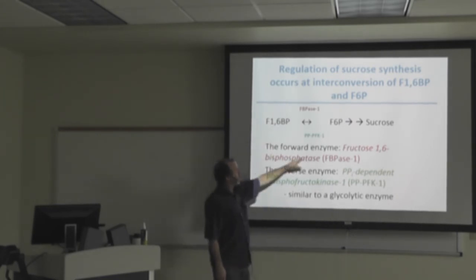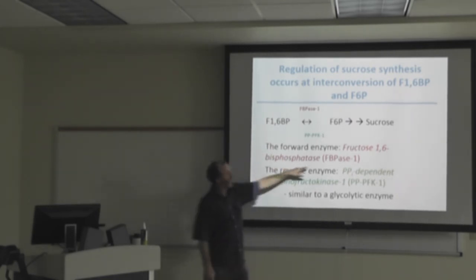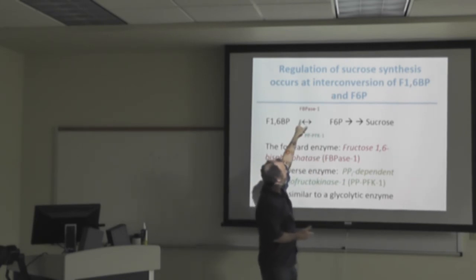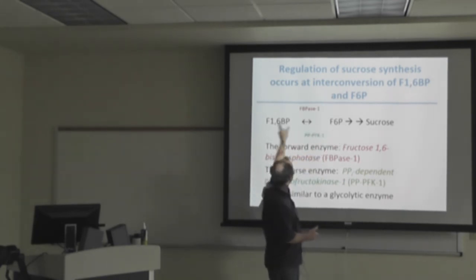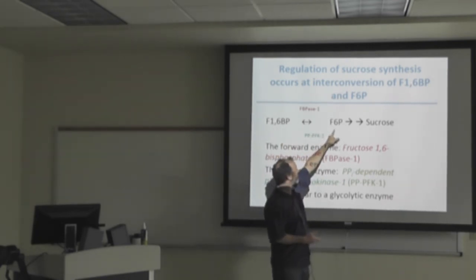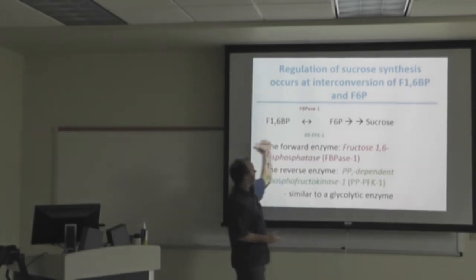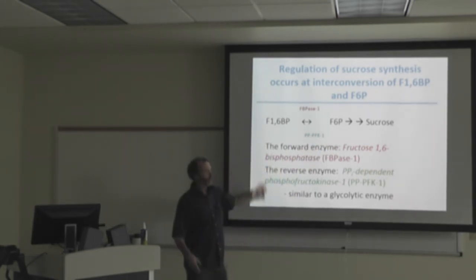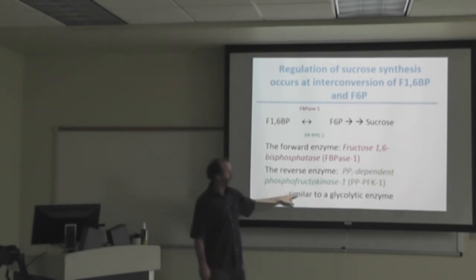The forward enzyme, fructose 1,6-bisphosphatase, we've heard of before. That happens in gluconeogenesis, just removes that phosphate to form fructose 6-phosphate. And then for the reverse reaction in plants, it's pyrophosphate-dependent phosphofructokinase 1.